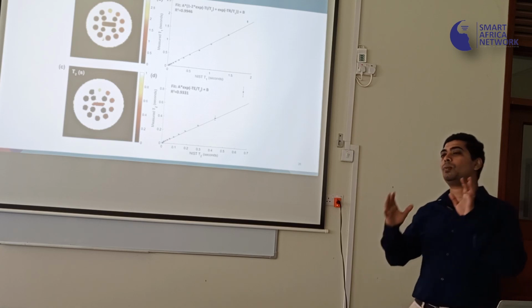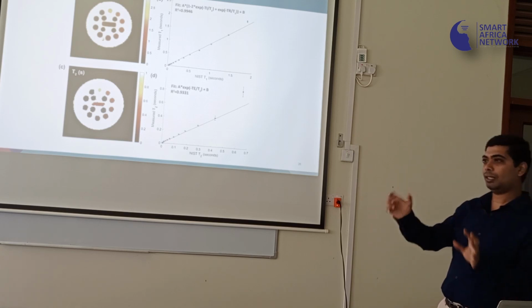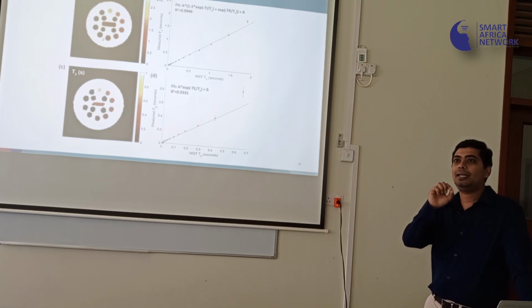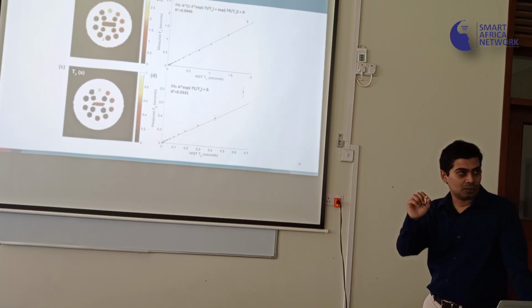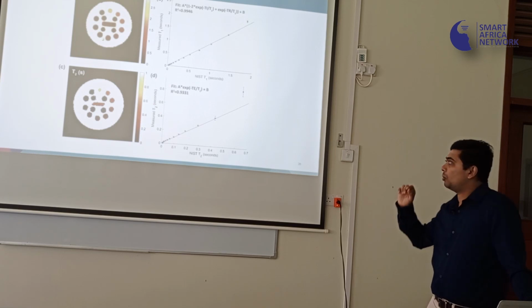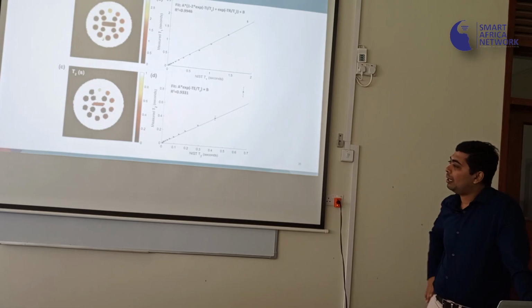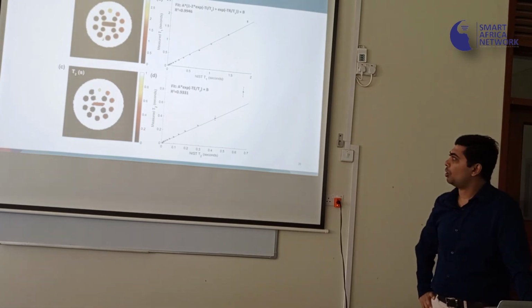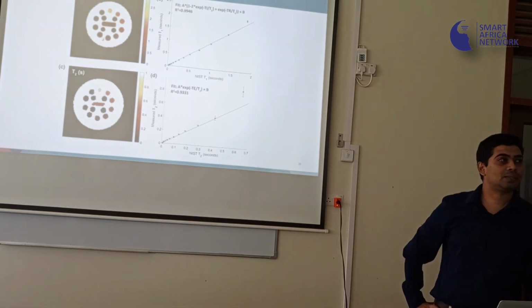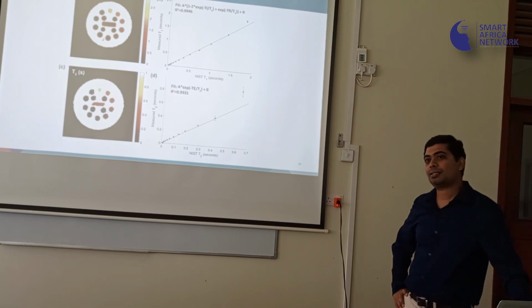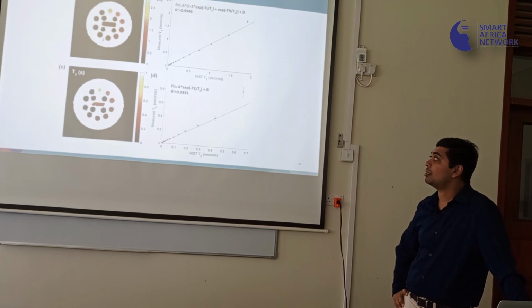So the difference between qualitative and quantitative imaging is being able to identify particular values. Here what we're showing is a standard phantom which says what should be the T1 and T2 values in seconds. So you're not saying whether it is slow or fast, you're actually quantifying that in seconds.